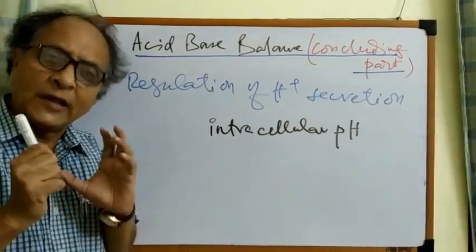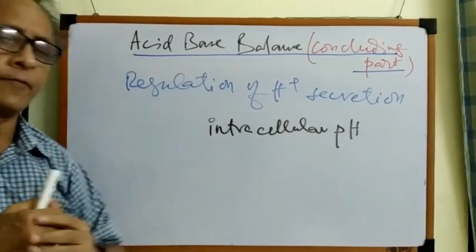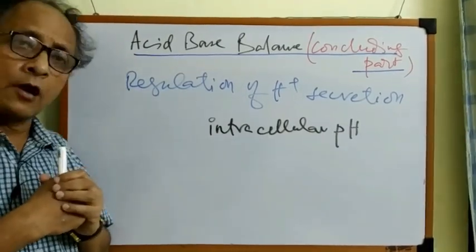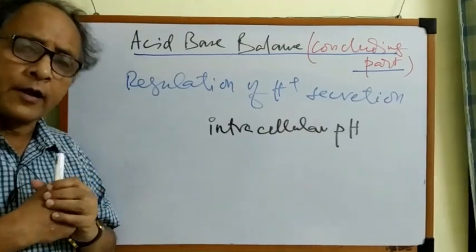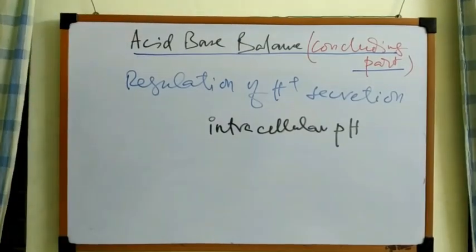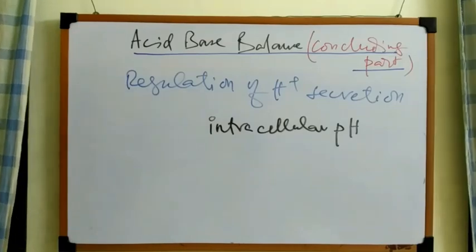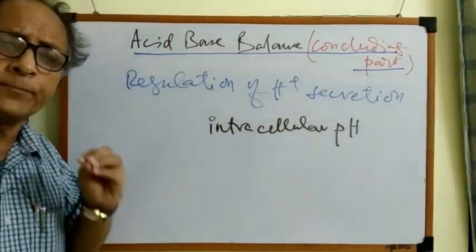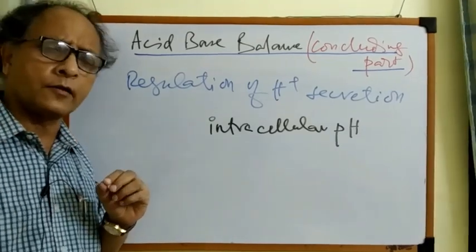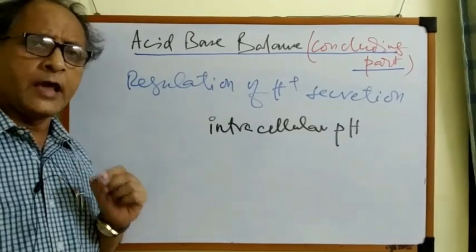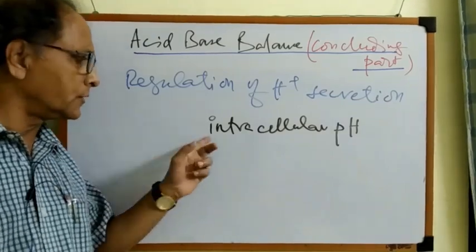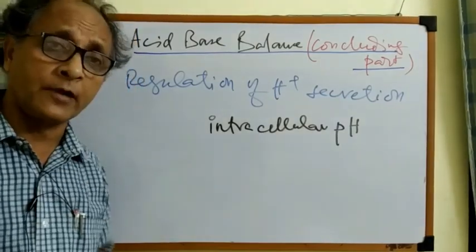Intracellular pH, or ICPH, is regulating the hydrogen ion secretion across the renal tubular epithelium. So what is intracellular pH? Intracellular pH is the pH of the intracellular fluid. So this is by far the most important determinant.